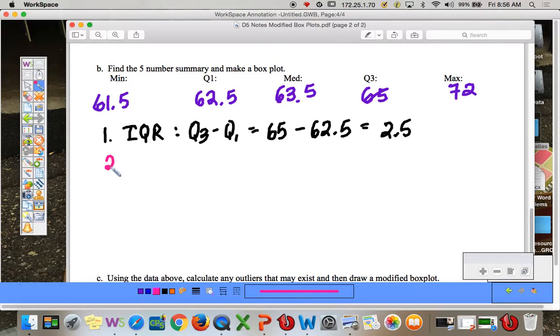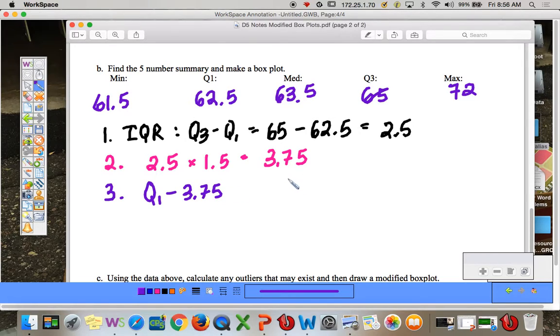Second step, take that 2.5 interquartile range and multiply it by 1.5. If we do that, we get 3.75. Step 3, this is our magic number. We take Q1 minus our magic number, 3.75, to find the lower fence. Anything lower than that is an outlier. To find the upper fence, we do Q3 plus 3.75.